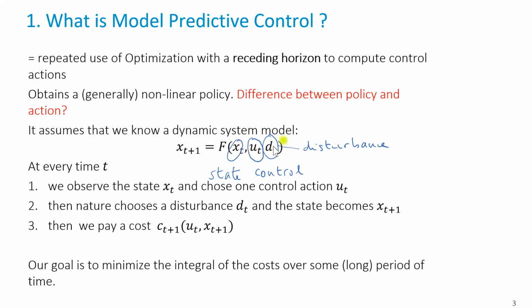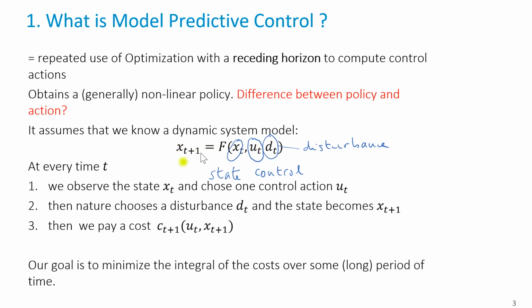Also, the decision we have to take is done without knowing what the disturbance will be. So just before time t or at time t, we compute u_t, but we don't know yet the value of the disturbance. Our decision u_t and the decision of nature d_t will lead to a new state x_t. So that's the same system model we had last week.